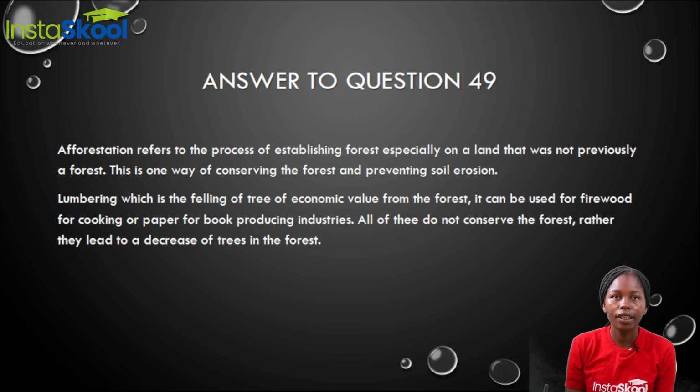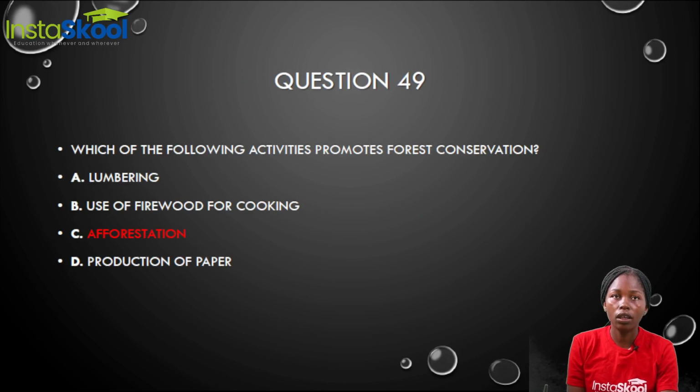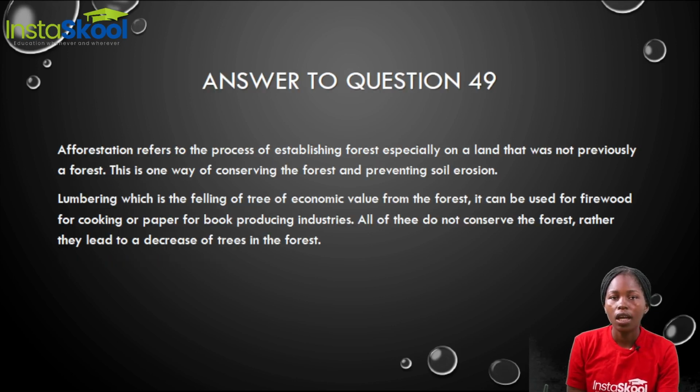Now, all of these do not conserve the forest. Rather, they lead to a decrease in the trees in the forest because these trees are constantly felled. Now, the only odd one out of our options, that is, the only activity that promotes forest conservation, is afforestation. And when we talk of afforestation, this is the process of establishing new forests, especially on land that was not previously a forest.